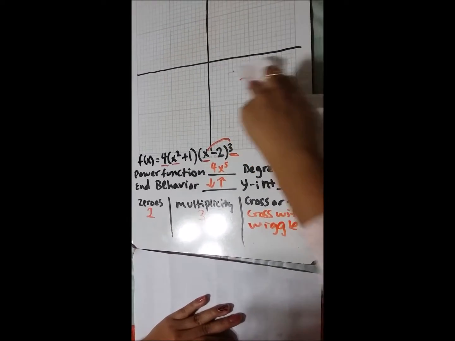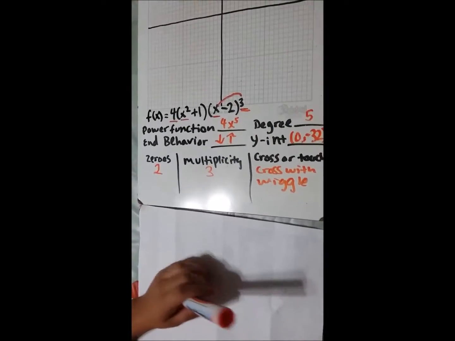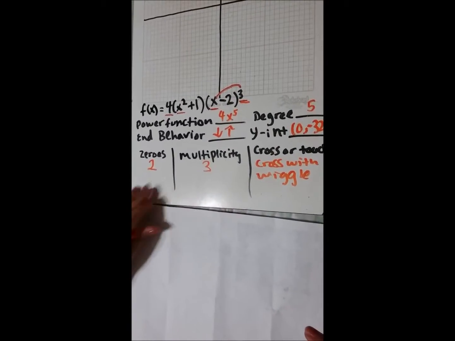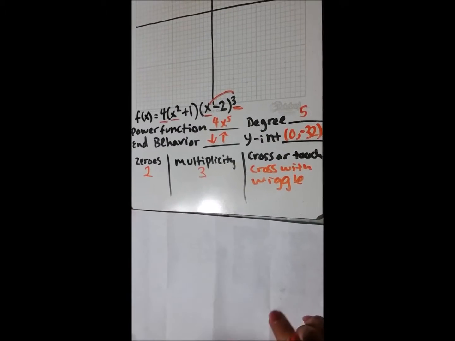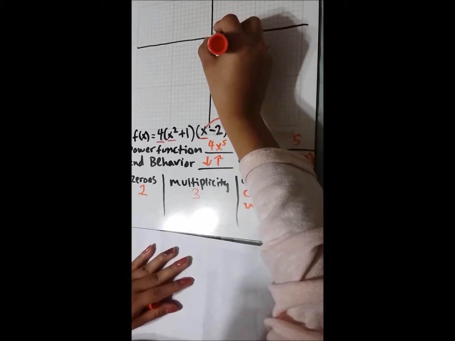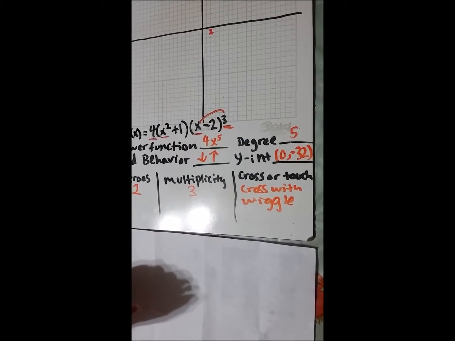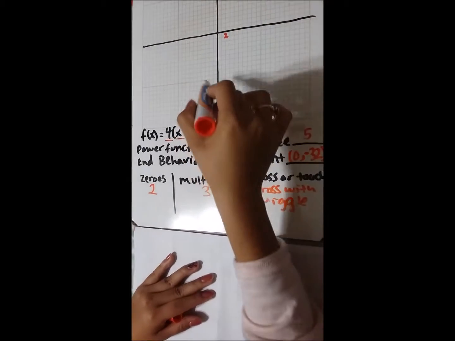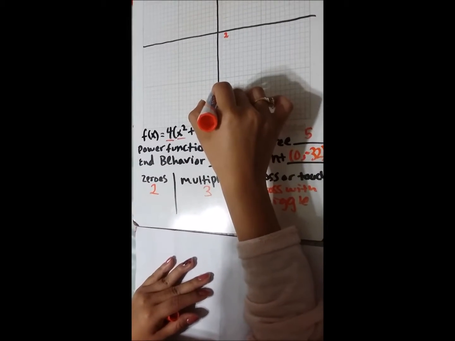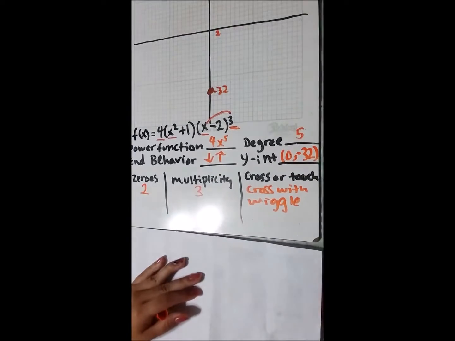So right now the last step is to graph. We're going to graph the zero and the y-intercept. So let's start with the zero. It's going to be at 2. And the y-intercept is at negative 32. So let's say that this is negative 32.